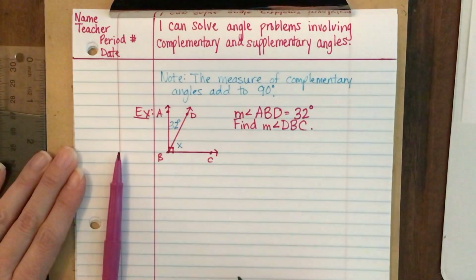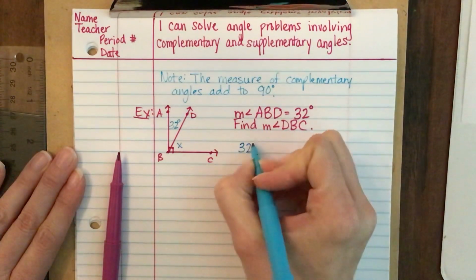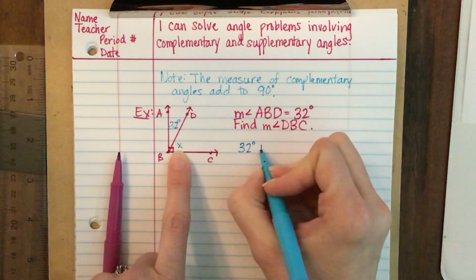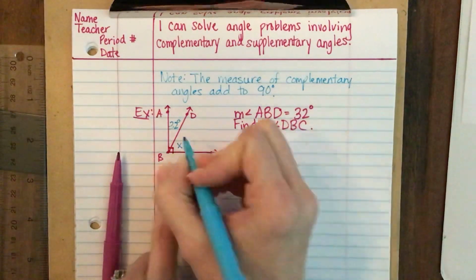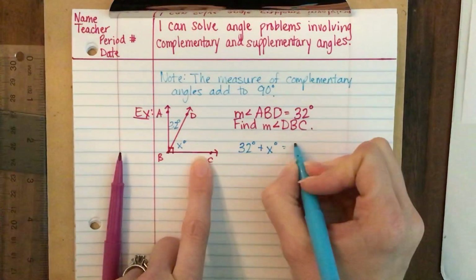This is a 90-degree angle. So the way I'm going to set this up is I'm going to say 32 degrees, this angle right here, plus the measure of this angle, X degrees. Altogether, we know that this is going to be 90 degrees.